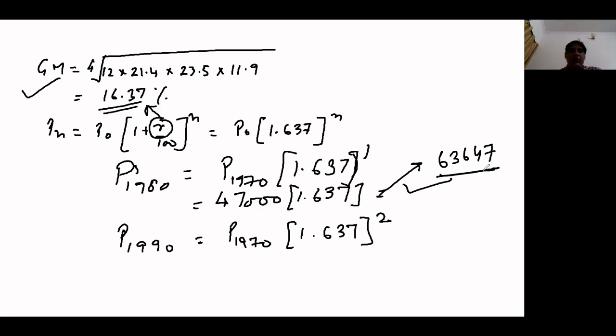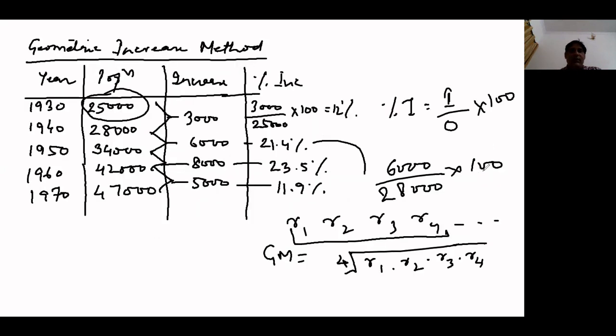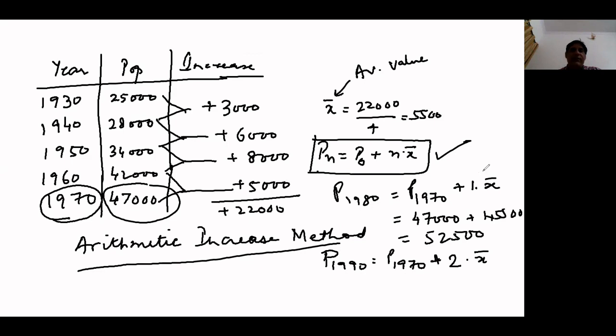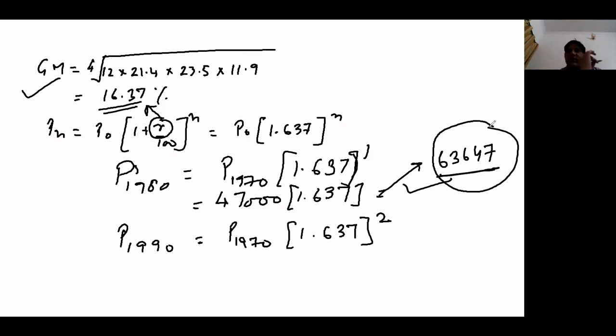Now, what was the population by arithmetic method? It was 52,500. By geometric method, it is 63,647.